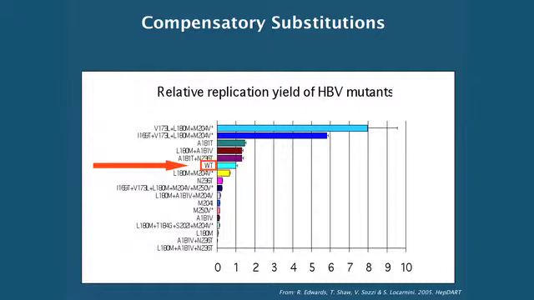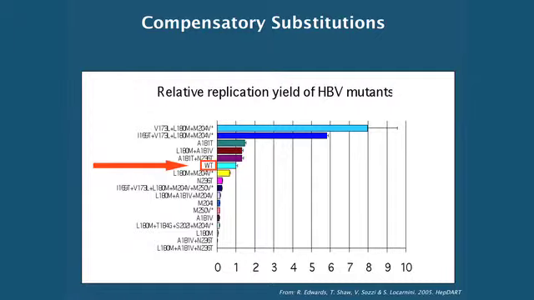Now if we just add V173L and go straight to the top of that figure, as you can see in that blue bar, we've now increased the replication yield 8-fold compared to the wild type reference clone and almost 15-fold compared to the lamivudine resistant L180M plus the M204V.